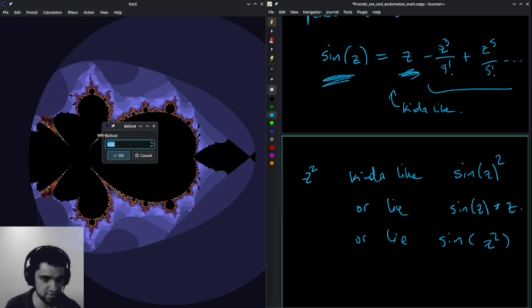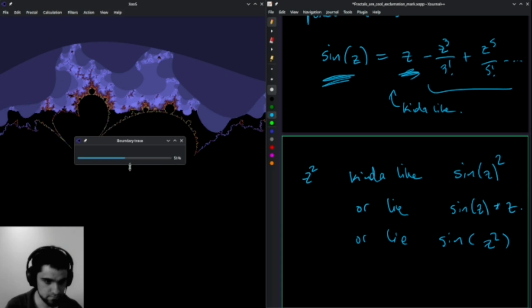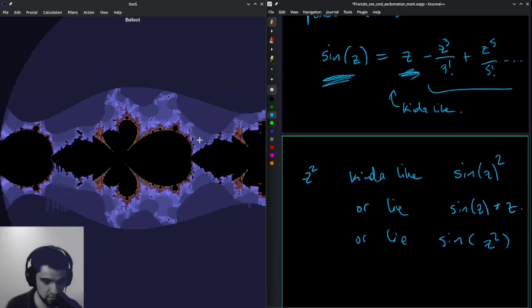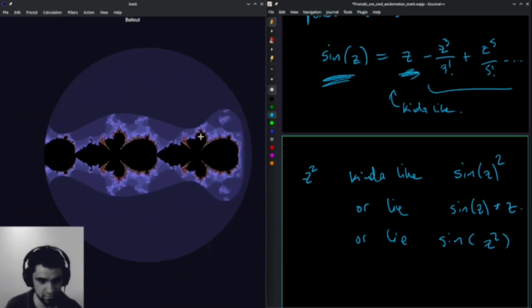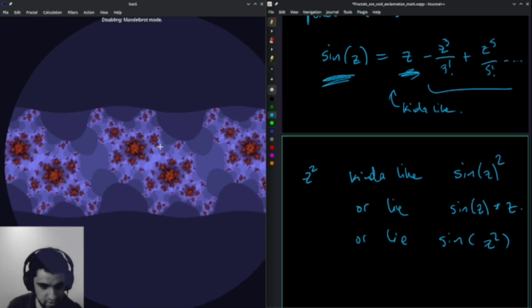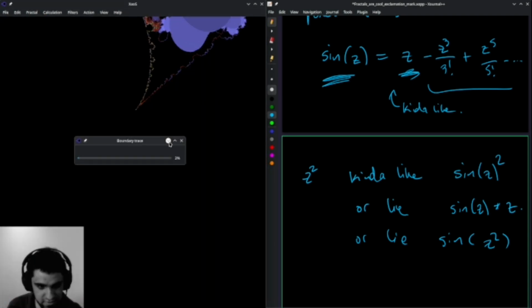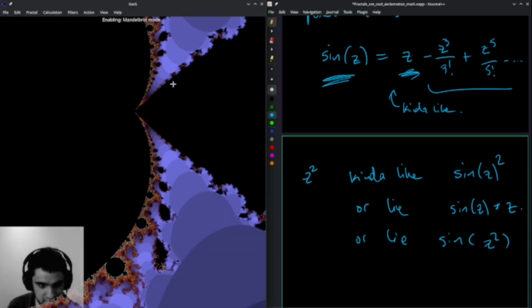So the bailout, instead of being 2 squared, which is 4, now it's going to be 16. And so we get a really cool kind of fractal, but it's very horizontal. And if we zoom in, this looks like a Julia set. So the Julia sets look like Julia sets.